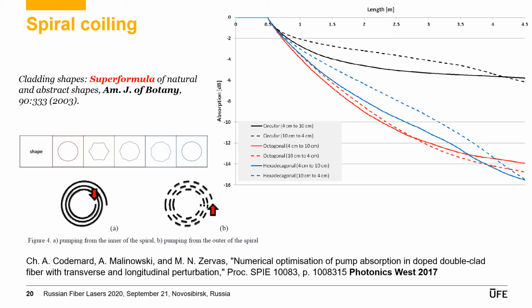And this is rather advantageous, because at the pump side of the fiber you should have lower absorption. It means you have lower heat load. And on the opposite, at the end, you need to get rid of the pump so that you do not lose too much useful pump in the cladding mode stripper.